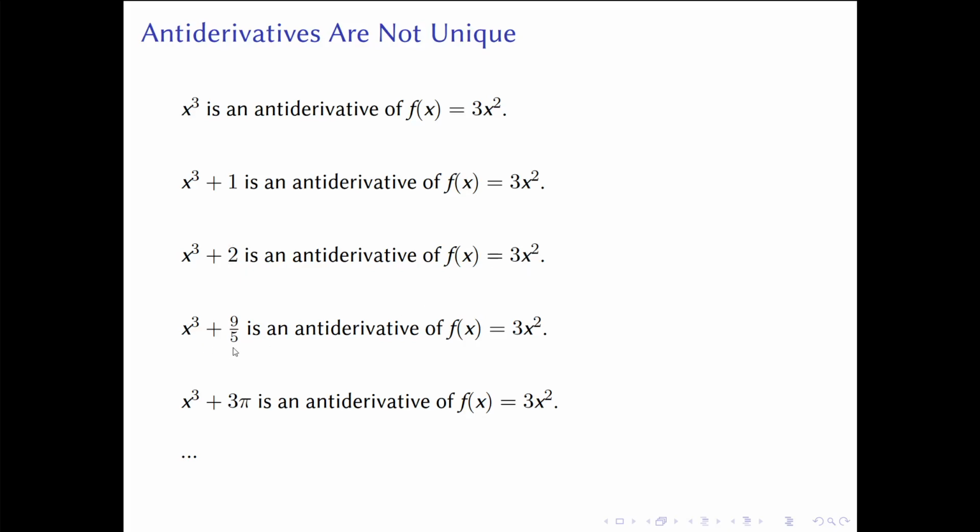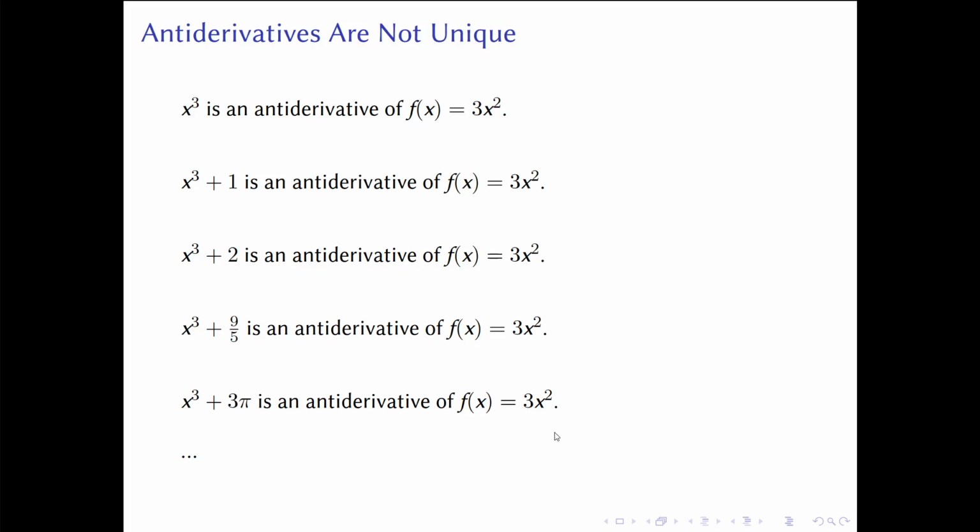X cubed plus 9/5 is also an antiderivative of 3x squared. X cubed plus 3 pi is also an antiderivative of 3x squared, because the derivative of x cubed would be 3x squared, plus the derivative of 3 pi. Since pi is a constant, 3 pi is a constant, and therefore its derivative is 0. So you would again just get 3x squared.